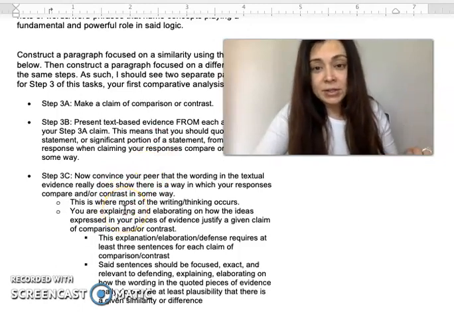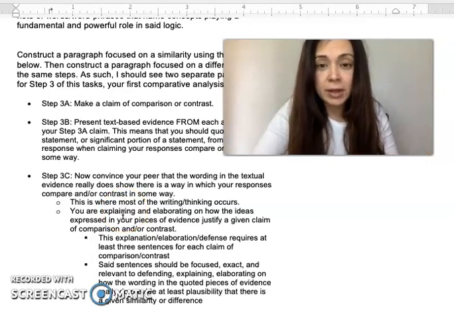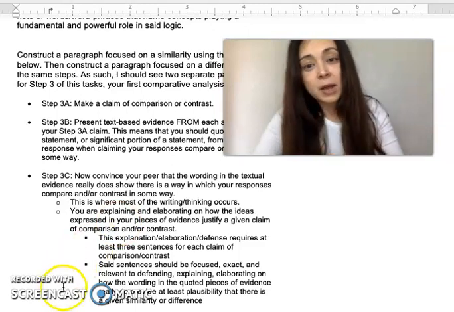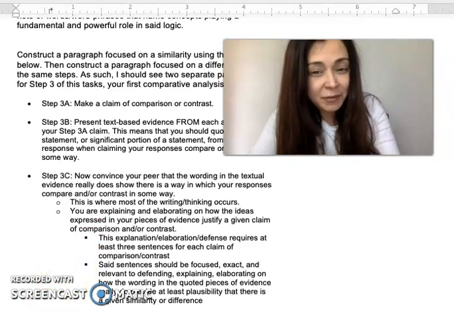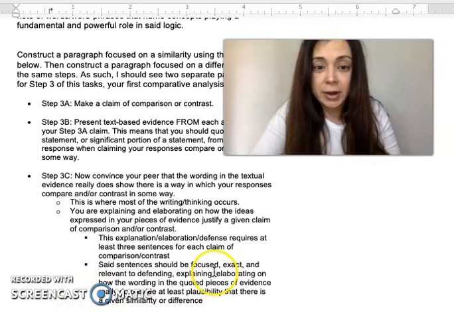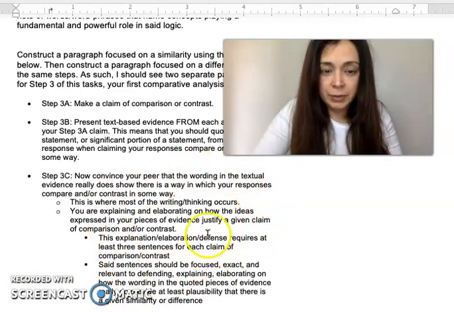So an answer that has a chance of getting at least a C or a B is going to have a total of at least 6 sentences. Do not write more than 8 or 9 sentences, maybe 10 if you feel like you really want to go there for a given paragraph. Okay, so again, this is where most of this occurs.